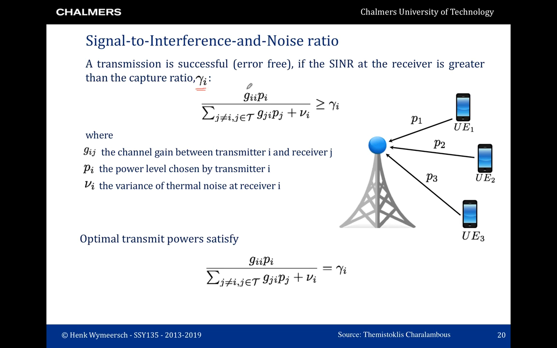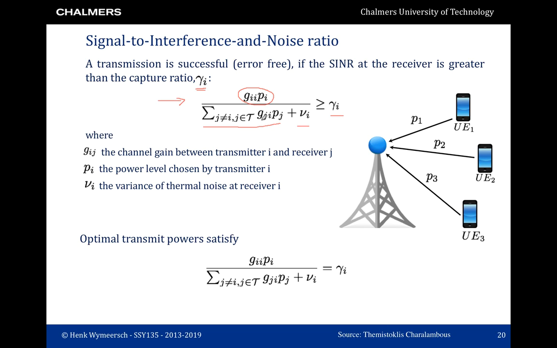So the condition for successful reception at the receiver of the transmissions of each user is given by this expression. The useful signal power, which contains the transmit power and the amplitude of the channel squared, divided by the interference plus noise power, should exceed the threshold.